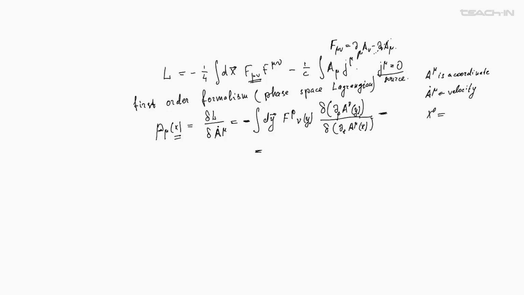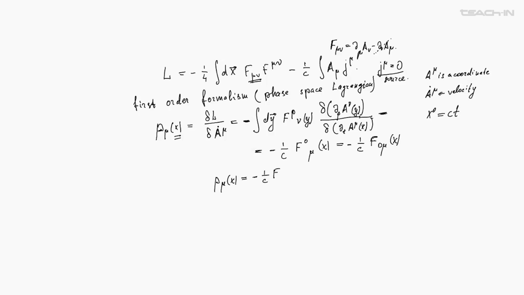And as a result, what you will have here is -1/c F^{0μ} depending on x. Or if I put the index 0 down, with the Minkowski metric, -1/c F_{0μ} depending on x. So the outcome is the following expression for the canonical momentum: P^μ depending on x.